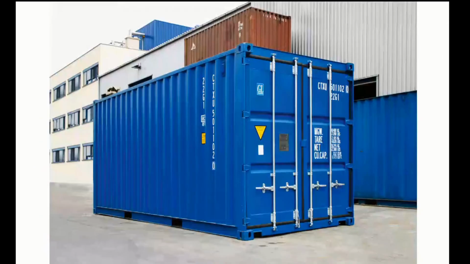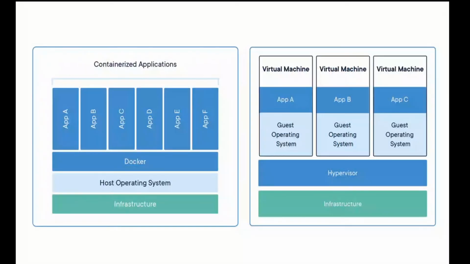So looking at containers, and just to show you quickly the difference between a containerized application and a virtual machine, you notice that the virtual machine runs with its own guest operating system and its app on top of a hypervisor.